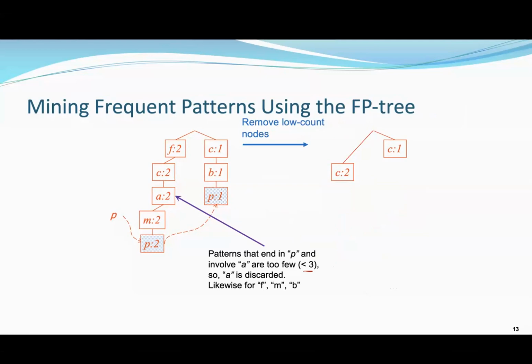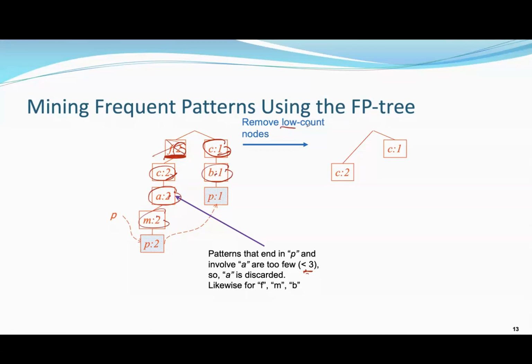Well, in this tree, we have only one node with F. The count is 2, which is less than 3, so this node should be removed. For C, there are 2 nodes that contain C, and the total count is 3, which is enough, so C should be retained. For the others, let's say A or B or M, these counts are not sufficient, so they should all be removed.